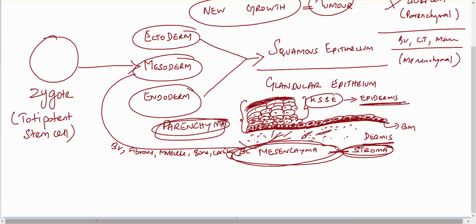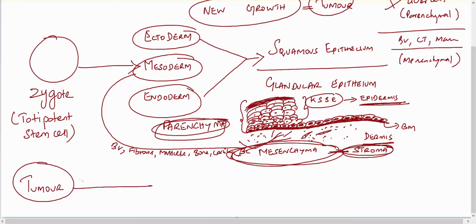If you take a tumor, the tumor also contains two components, parenchyma and mesenchyma.